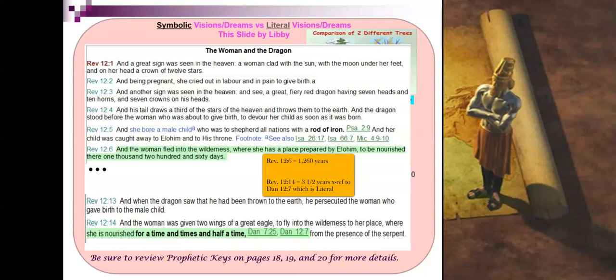But because the context has been moved forward to the end of time, there is no longer any more time for 1,260 years of a prophetic timeline. We're so close to the second coming right now, okay? There is no more time for a 1,260-year timeline to be fulfilled.